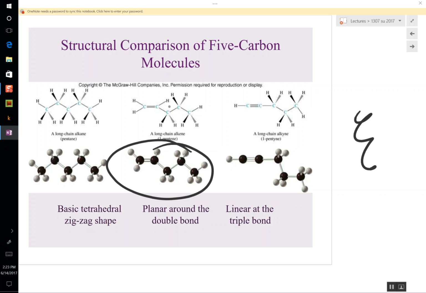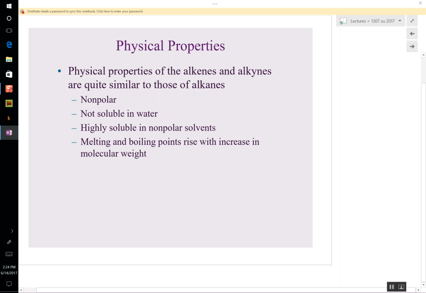We find the longest chain. If it has a double bond, we change it from ane to ene. If it has a triple bond, from ane to yne. So you really have to establish a good foundation in chapter 10.